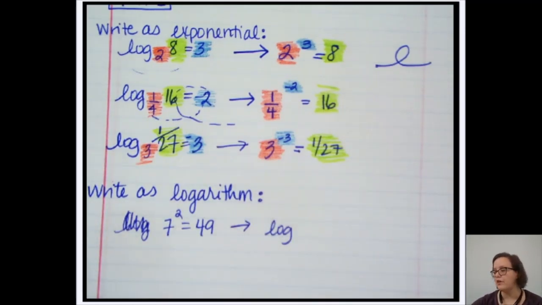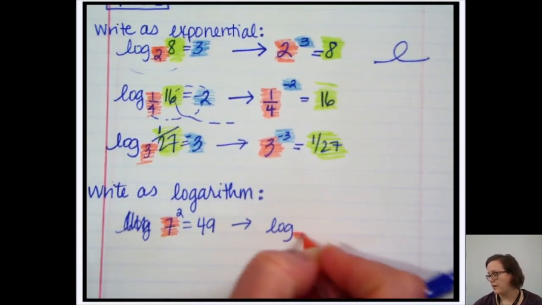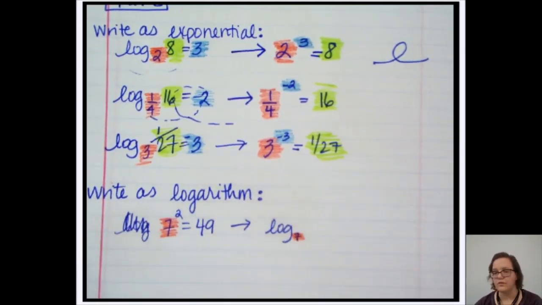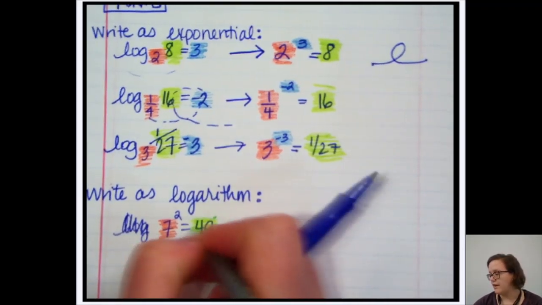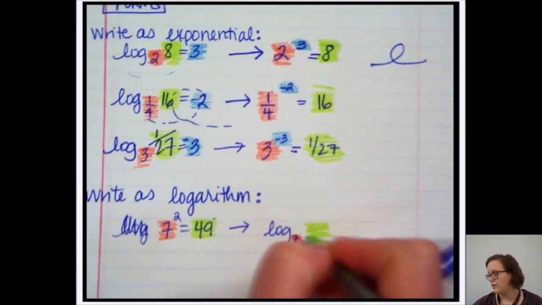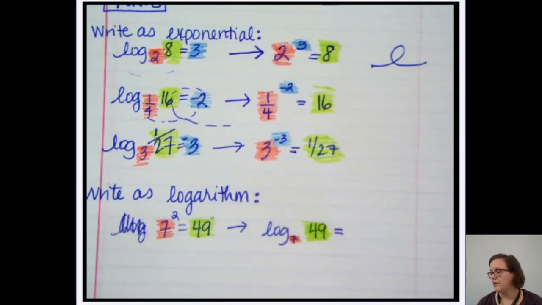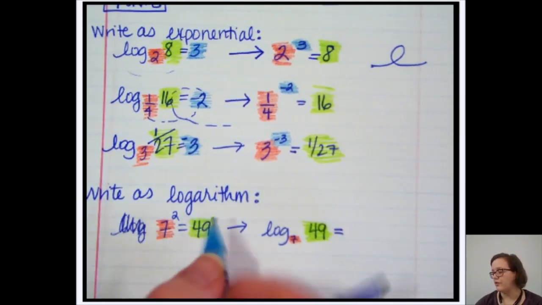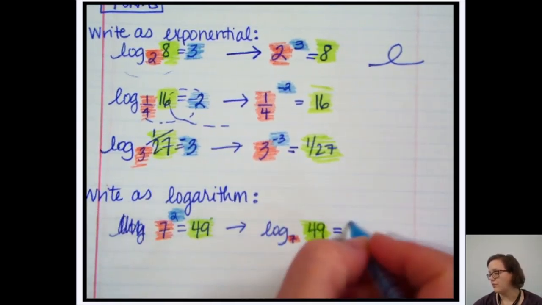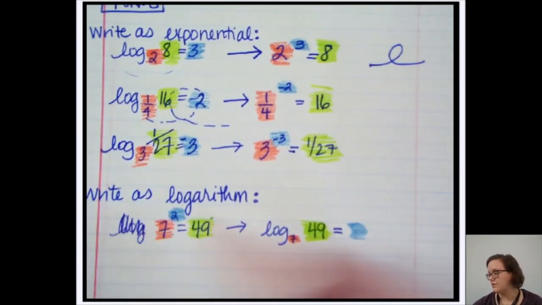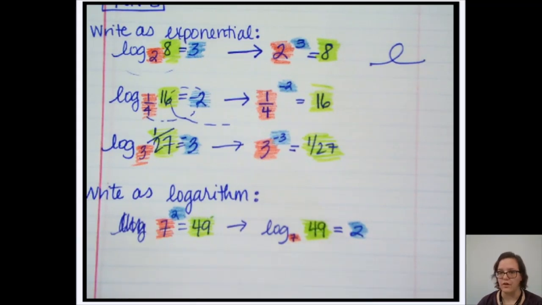And then we have to go find our base, which is right here, and it becomes our subscript. So log base 7 of what? Well, the of is that y value over here. We always go across that equal sign to get our next one. Equals, and then exponents are what logs are. And so it's equal to our exponent, which is 2. So here we have log base 7 of 49 equals 2, and that's the logarithmic form.